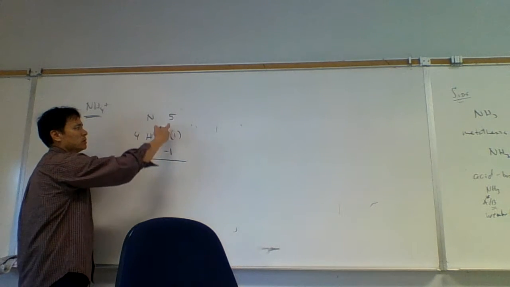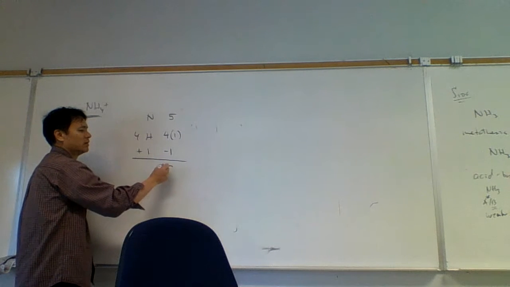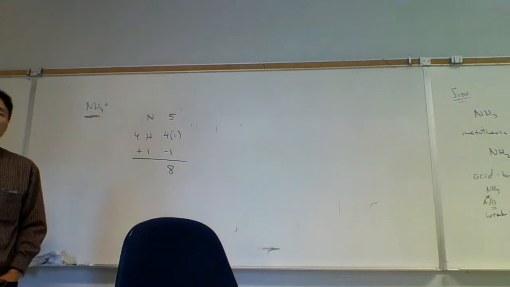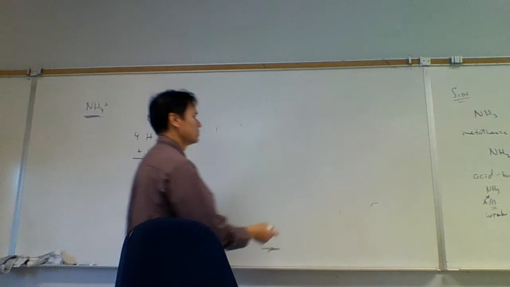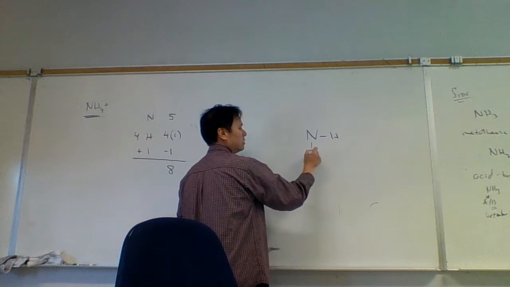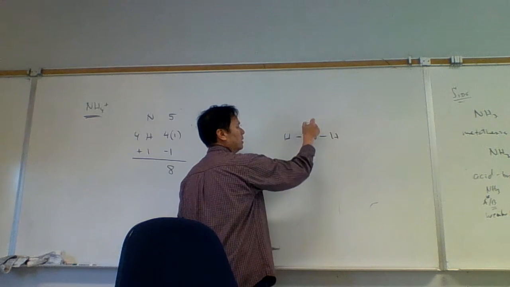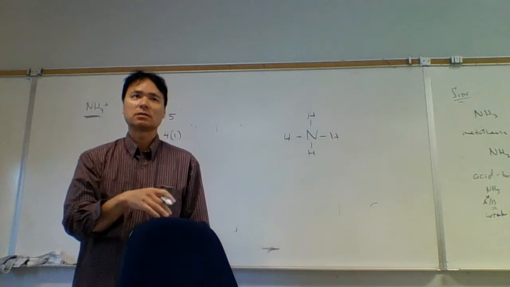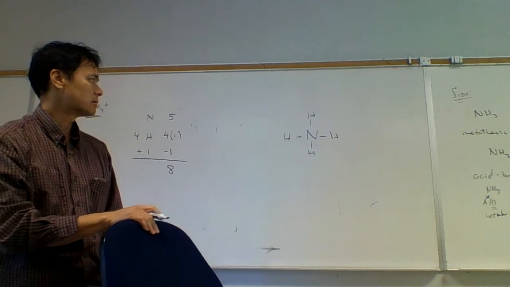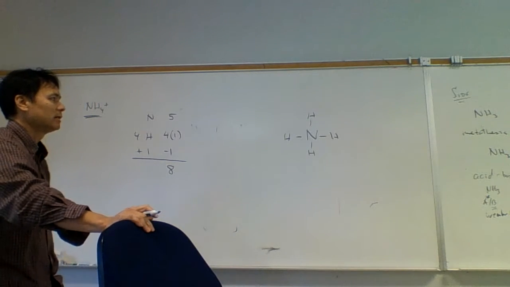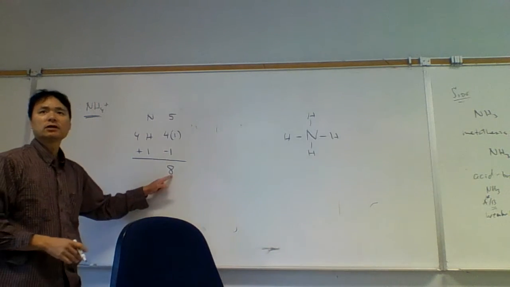So this is 9 minus 1 gives us 8 electrons total. And then we build the structure. Hydrogen can never go in the center, so nitrogen's got to go in the center, and hydrogen always is terminal. The only structure we can come up with is a nitrogen with 4 hydrogens bound to it like this. Okay. And then we look, did we use all 8 electrons?